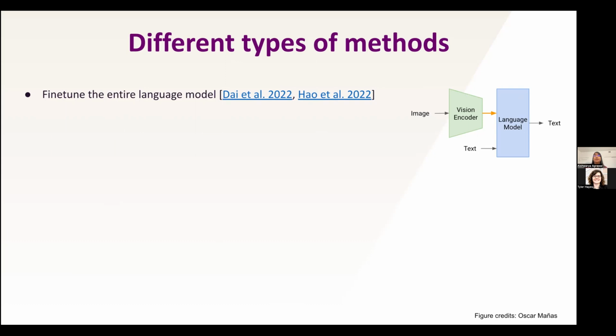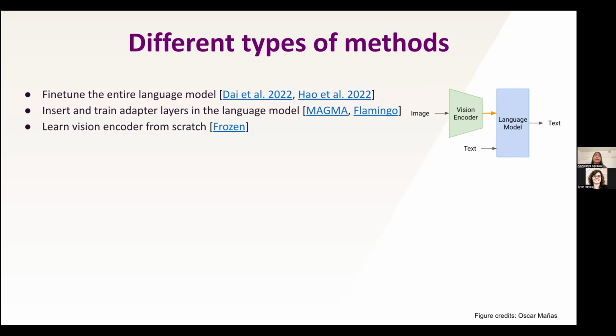It gives you good performance for the vision and language tasks, but it might not retain a lot of the power of the language model. There are other papers like Flamingo that I talked about. Magma is another example. What they would do is insert adapter layers in the language model, so you're not fine-tuning the whole language model.